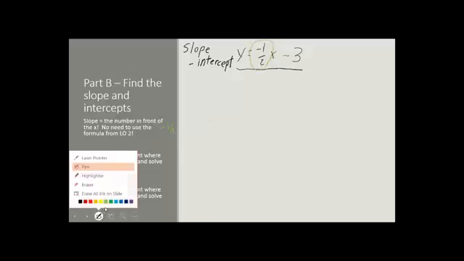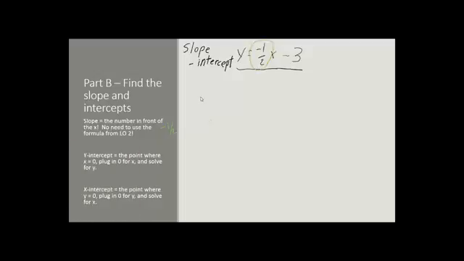Now, to find the y-intercept, it's not that much harder. What we're going to do is set x equal to 0 and then find y. So everywhere we see x in that equation, we don't put x anymore, we put 0. I'll write that in red.